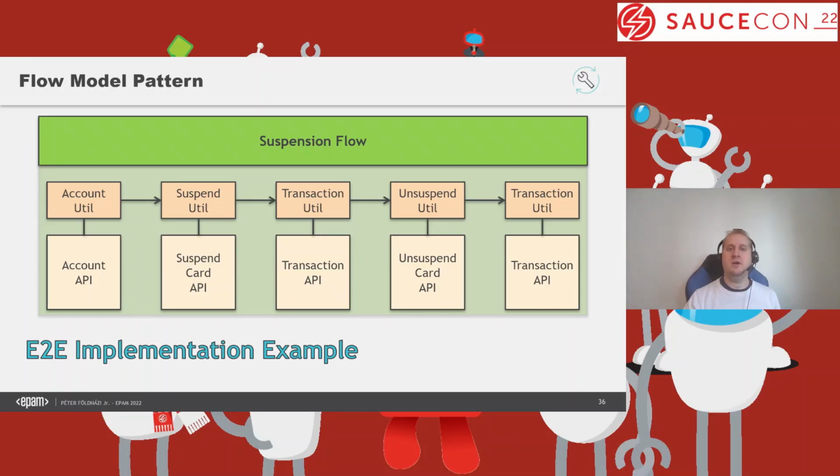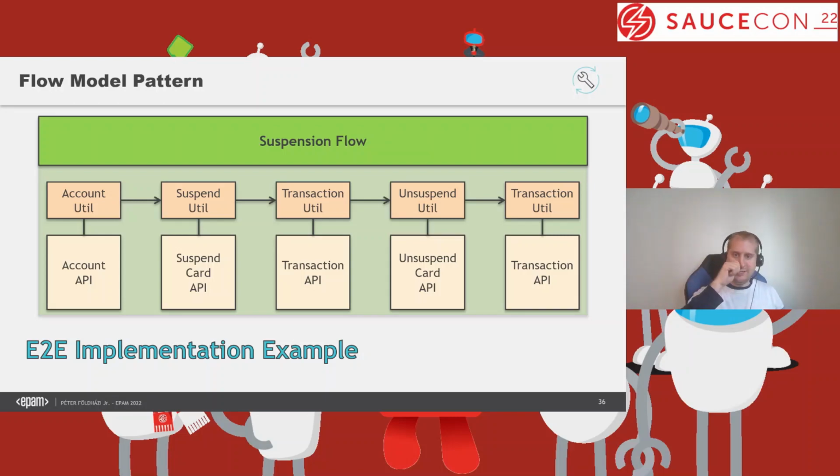So let me give you an example, suspension flow. Let's say that you want to validate that you have a bank card. You want to make a transaction, but before that, there's a suspension. For whatever reason, the card gets suspended.